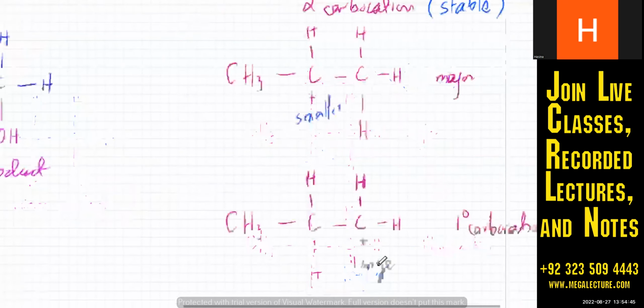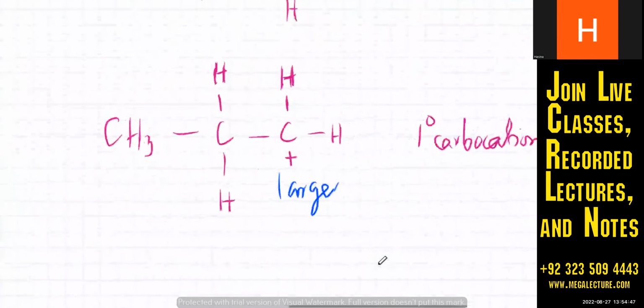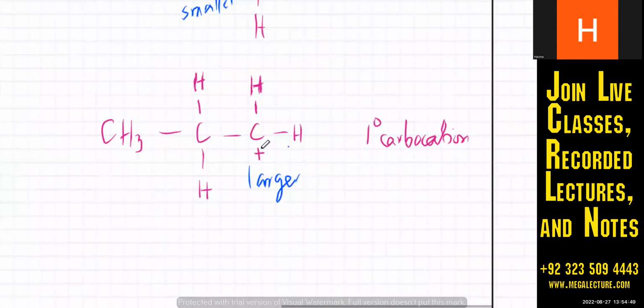The reason this one is unstable is that the positive charge is so big that it will steal electrons from this hydrogen, and it's going to take those electrons. Because if the positive charge is big, it's going to pull those electrons back, and it will form the double bond back again. So the first step will not be able to happen.